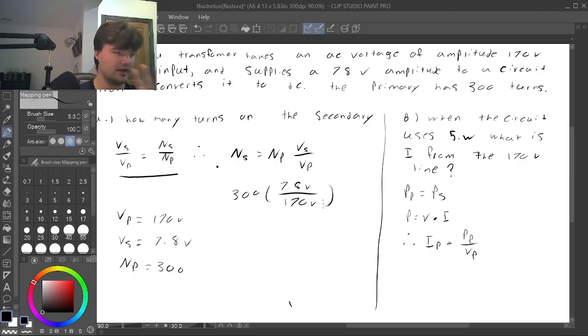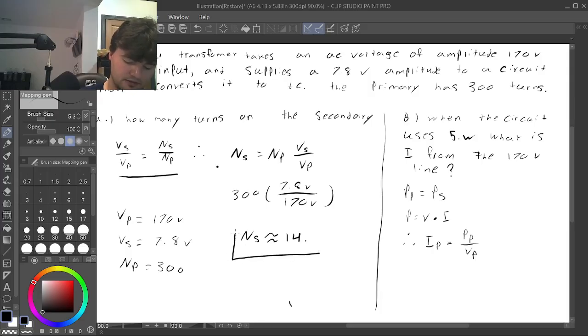Now I already have my math on a separate thing over here. That would make it approximately, because we can't do half a turn, 14. Now that gives us the amount of turns on the secondary.